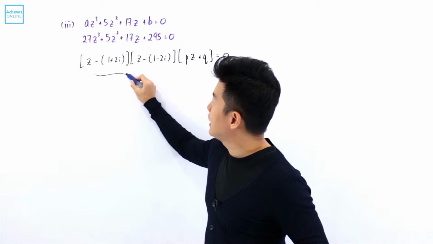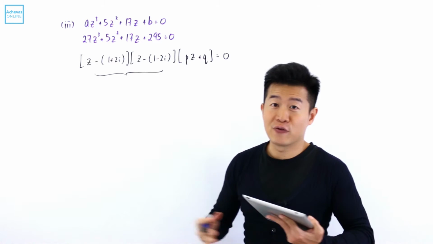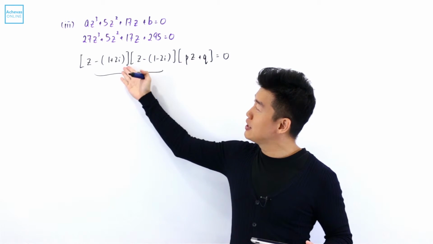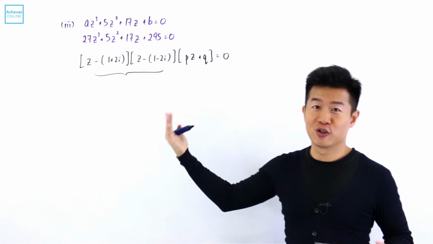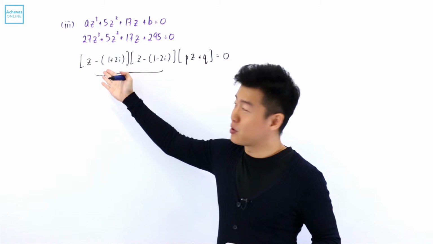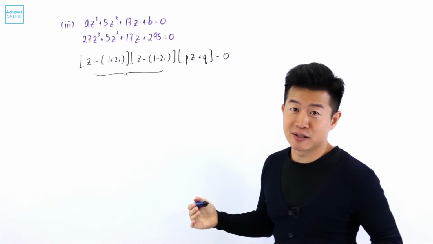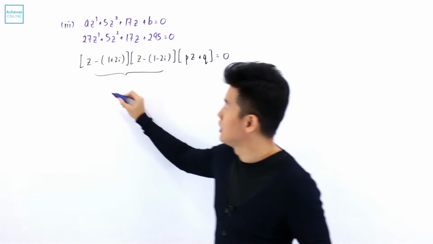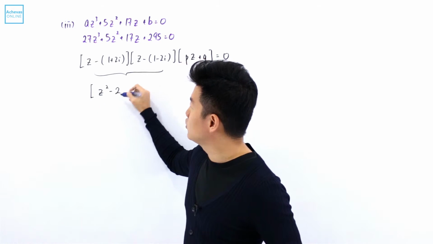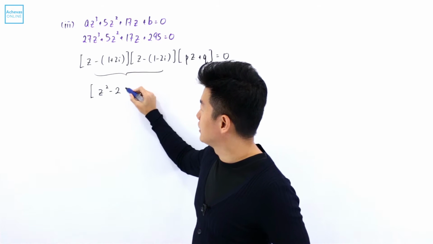Okay, for this that I have here, I'm going to expand it so that it can form for me a quadratic factor. And to get from here to a quadratic factor, I can make use of the useful result that we've discussed in our outline, or you can probably just simply expand this. Okay, but I'm going to use the useful result. Using that result, it is going to be z squared minus 2 times the x portion of the root.